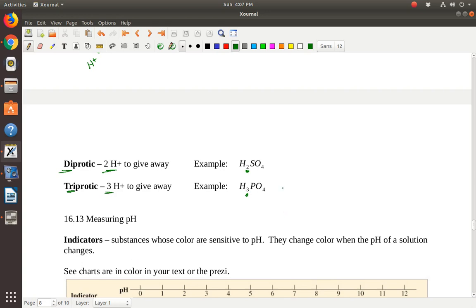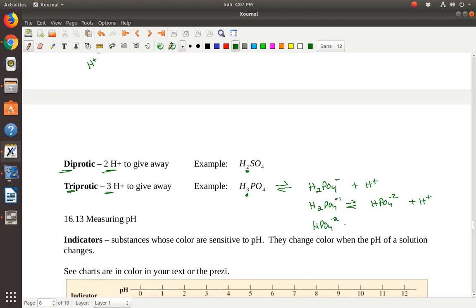This triprotic acid could fall apart and become H2PO4 with a -1 charge because that first hydrogen goes away. And then you could take the H2PO4 and it loses another one, has a -2 charge now because another hydrogen goes away. And then you could take the HPO4 with a -2 charge.